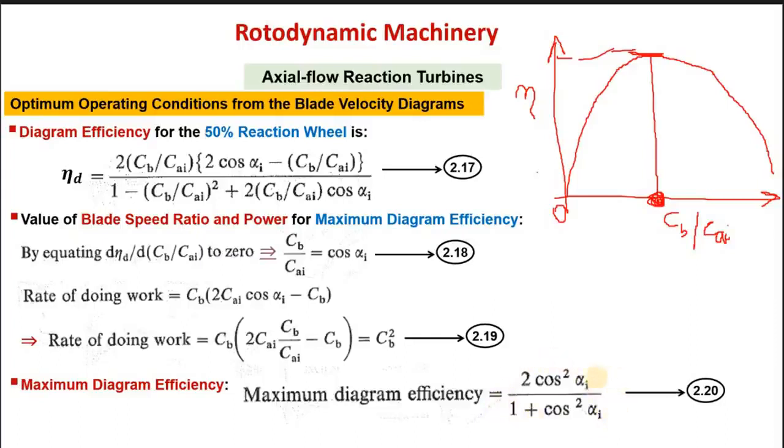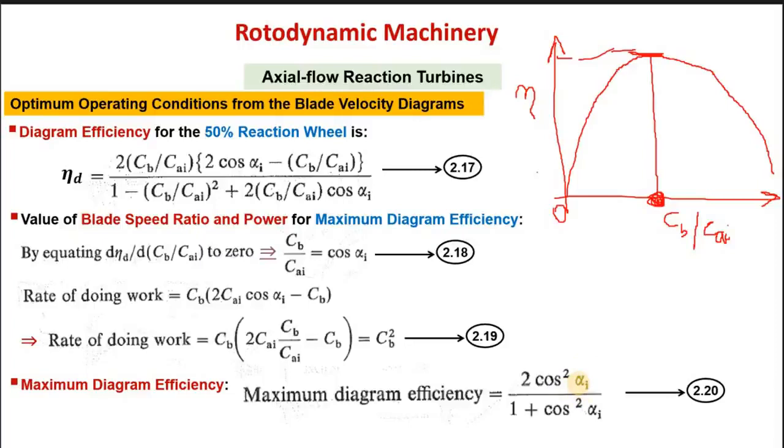But note down that if alpha I is 0, then the maximum possible is still 1, just like in case of impulse turbine, where it was simply cos square alpha I. So in case of impulse or in case of reaction turbine, for alpha equal to 0, the maximum possible is of course again 1, right?